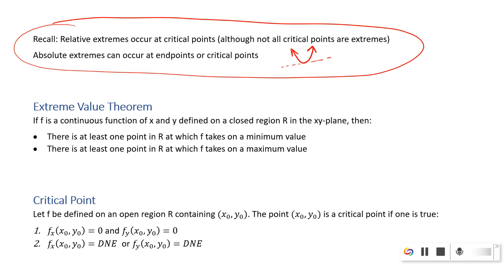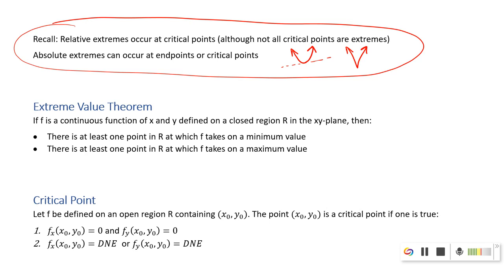So that would be if you have a horizontal tangent line, you might have a max or a min. Or if you have a sharp point, a place where the derivative doesn't exist, that's a critical point, you might have a max or a min. Although not every single critical point is a max or a min, back in Calc 1 you had to check using either the first or the second derivative to see whether you have that max or min.